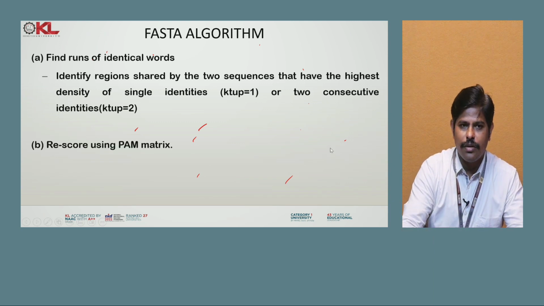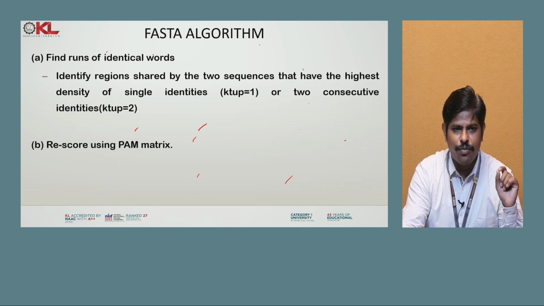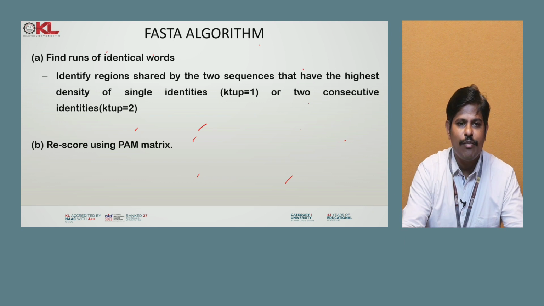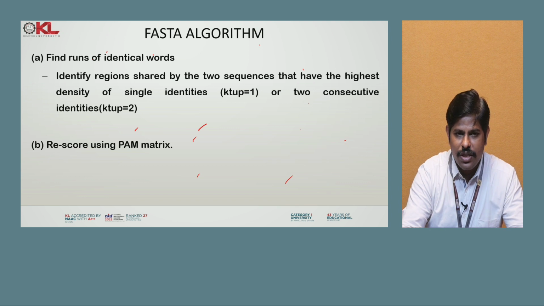Then, after the words are matching, if it is a protein sequence, you use something called a scoring matrix. We'll discuss scoring matrices in later sessions. A method called PAM, the point accepted mutation matrix, is a lookup table. From that you look at the characters and replace the score with the score present in the matrix.